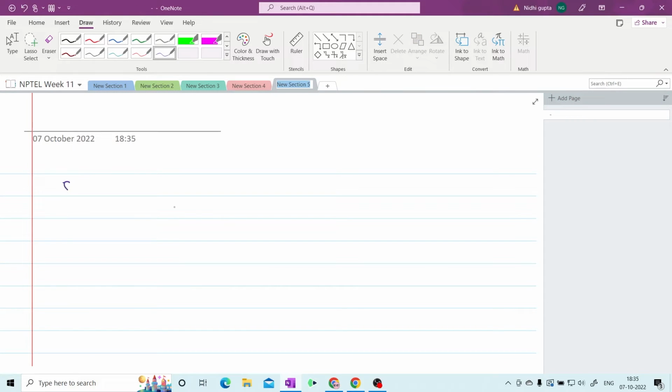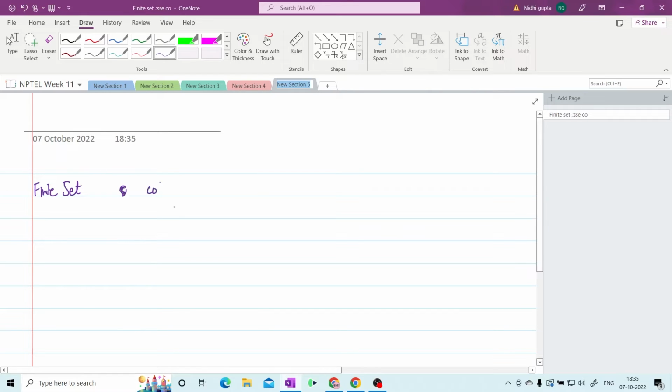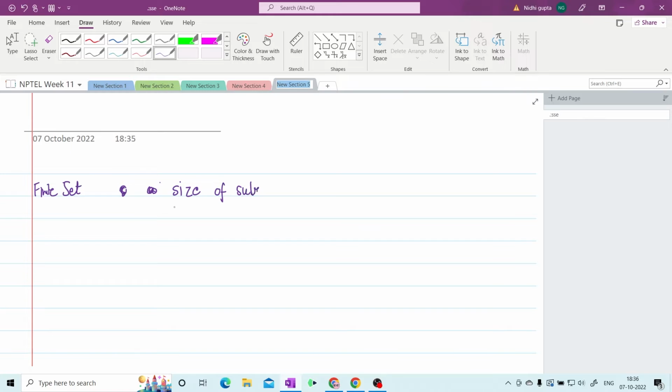Can you repeat your question? So you have a finite set and some collection of subsets. The size of the subsets is fixed, suppose size 3 or size 4.